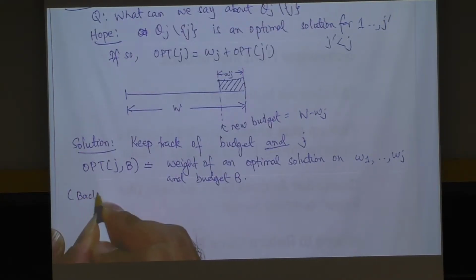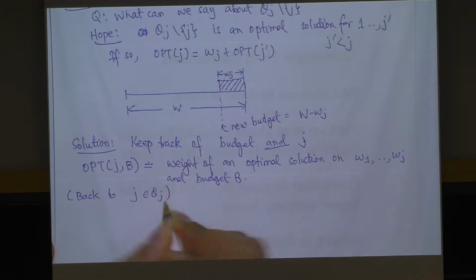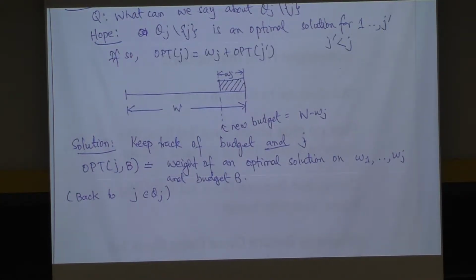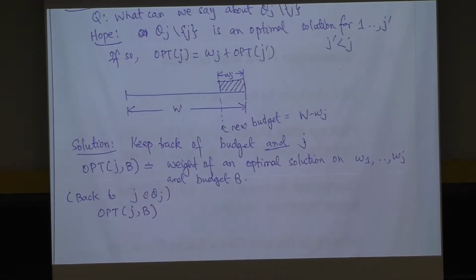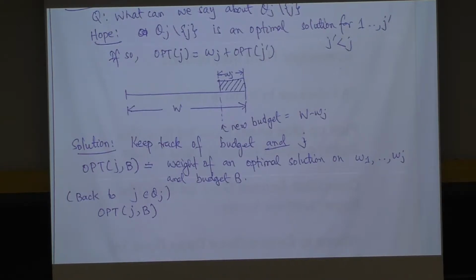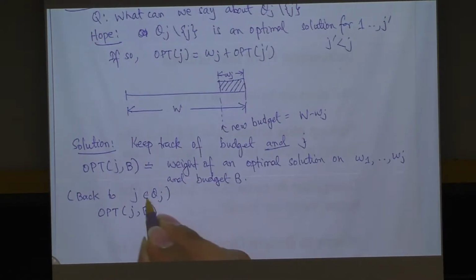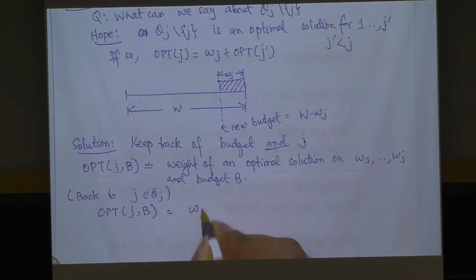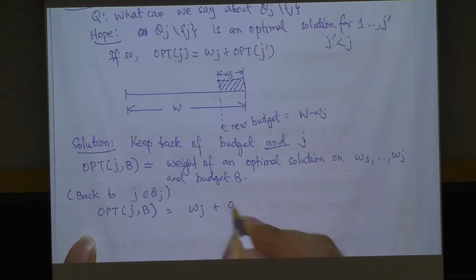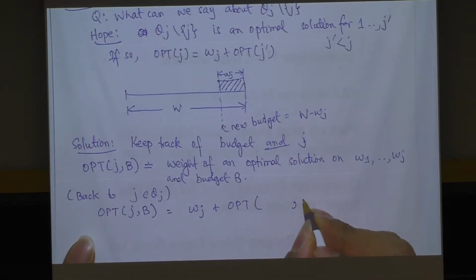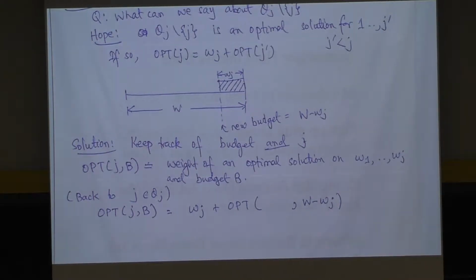So let's go back to the case that the jth number is actually in the optimal solution from 1 to J. Again, I'm looking at the case where J is in the optimal solution and my budget is B. So if I pick J in O of J, then I'll get the weight of the jth, and then I'm looking at the optimal solution of the case where my budget has now decreased from capital W to capital W minus Wj.